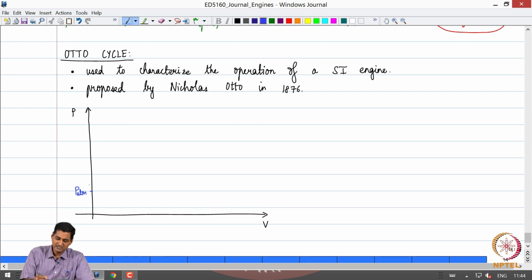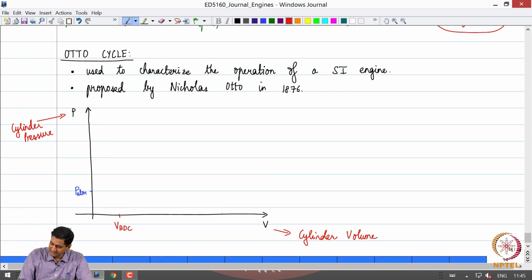So, P is the cylinder pressure, of course, right, and V is the cylinder volume, and naturally the volume of the cylinder varies between the clearance volume and the total volume. This is the volume at top dead center and volume at bottom dead center, right. Volume at bottom dead center is the total volume, volume at top dead center is the clearance volume, right. So, that is the range of the cylinder volume.